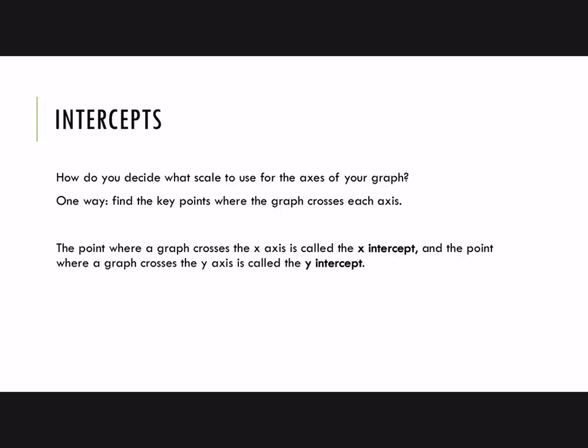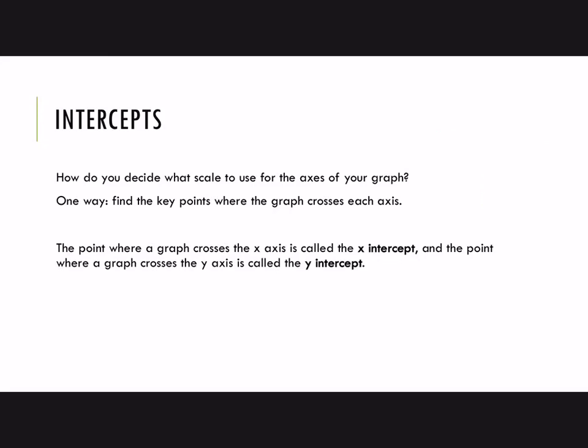One way to decide ahead of time what scale you're going to need is to find some of the key points. If I knew, for example, where my graph crossed the axes, that would tell me how far I need to extend the axes, and if it's something large like 100, then maybe I would want to go by 10s or 5s instead of by 1s on those number lines.